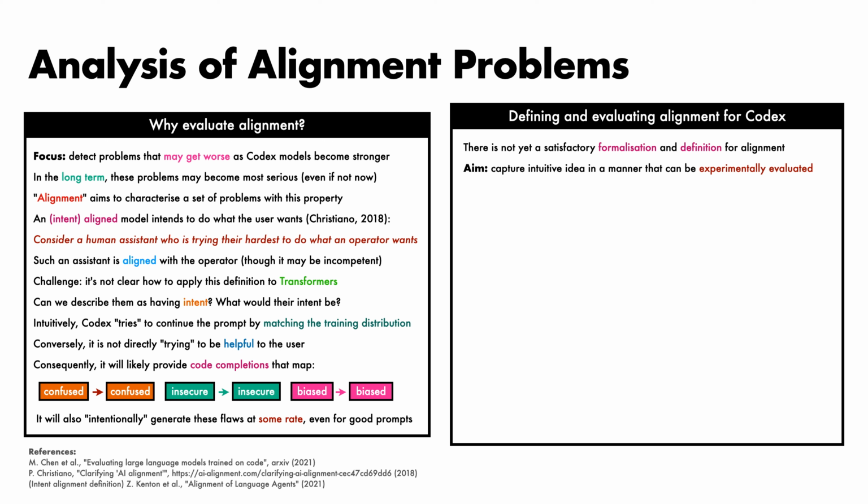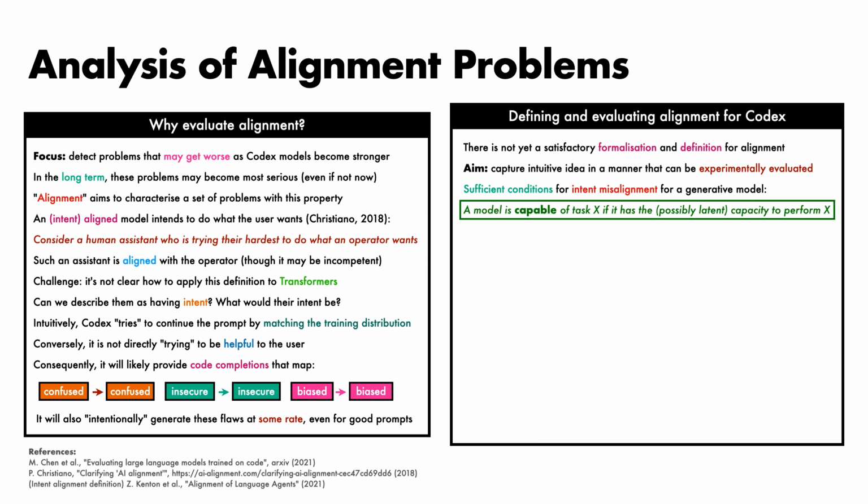In this spirit, some sufficient conditions for intent misalignment for a generative model are considered. To this end, we first say that a model is capable of some task X if it has the, possibly latent, capacity to perform task X.